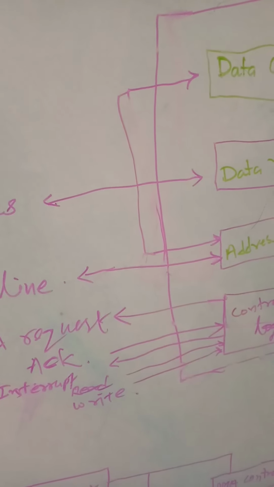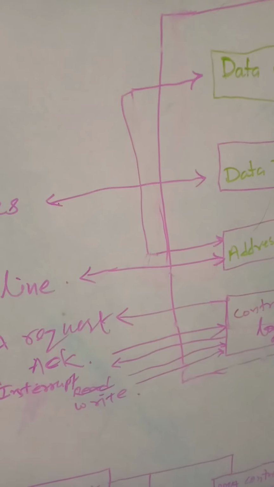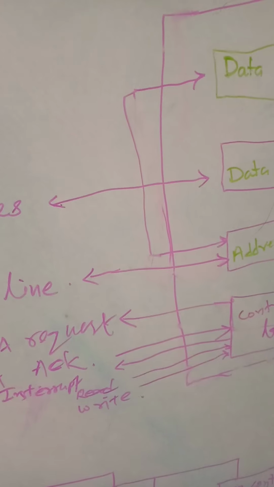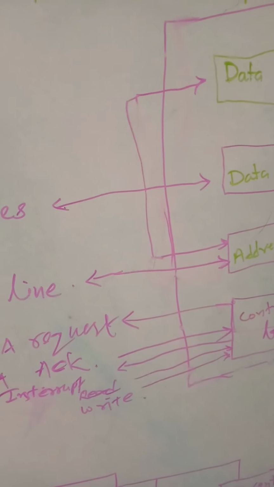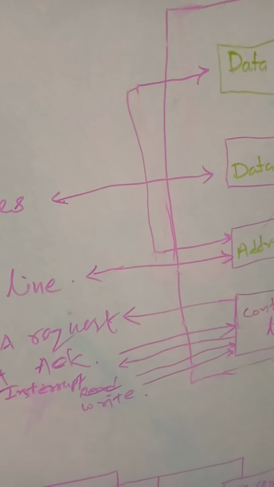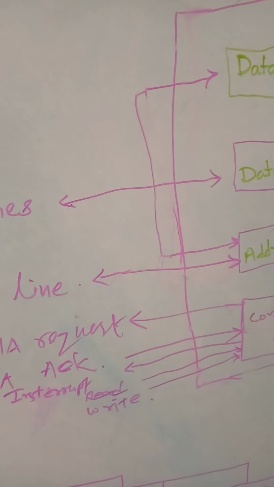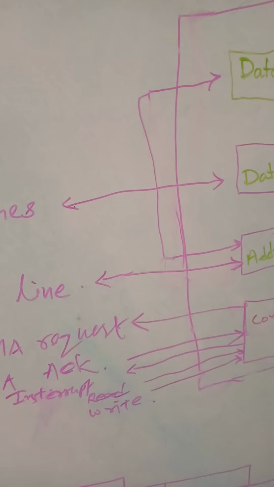If the DMA controller is free, it requests the control of bus from the processor by raising the bus request signal. Processor grants the bus to the controller by raising the bus grant signal. Now DMA controller is the bus master.